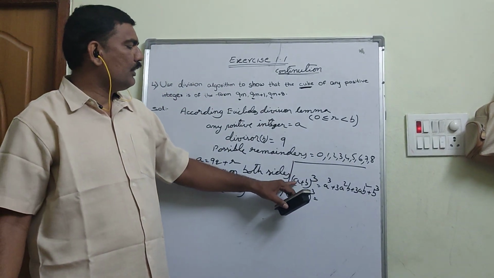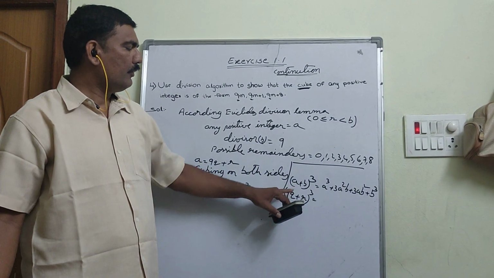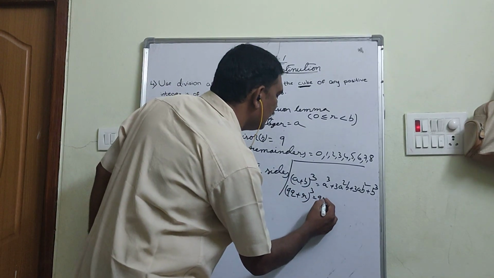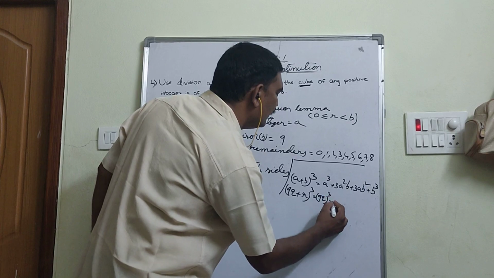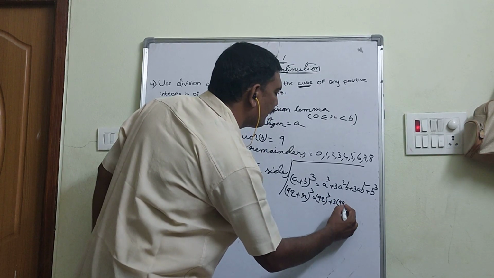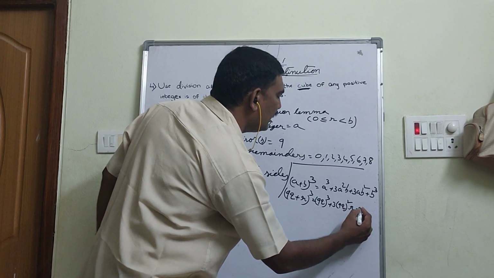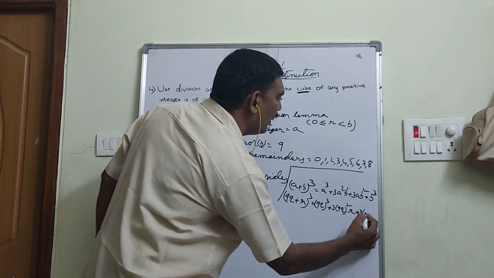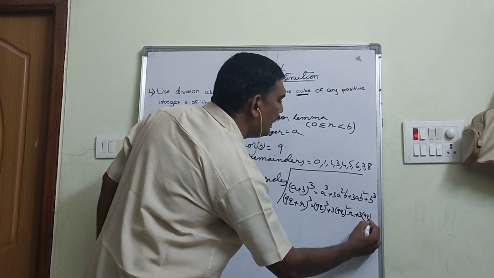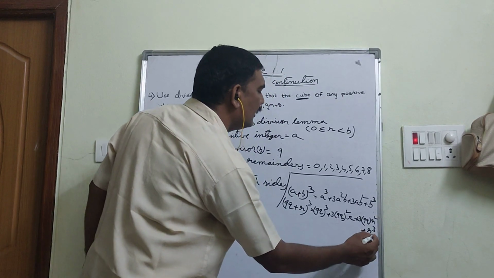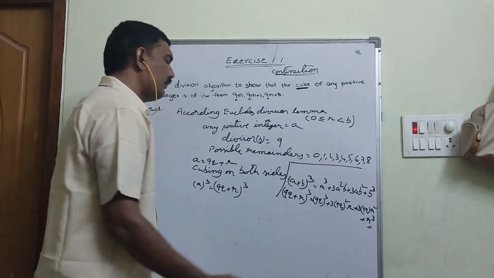You have to substitute in place of a, 9q, and in place of b, r. Then what happens is 9q whole cube plus 3 into 9q whole square into r plus 3 into 9q into r square plus r cube. So it is expansion of this.